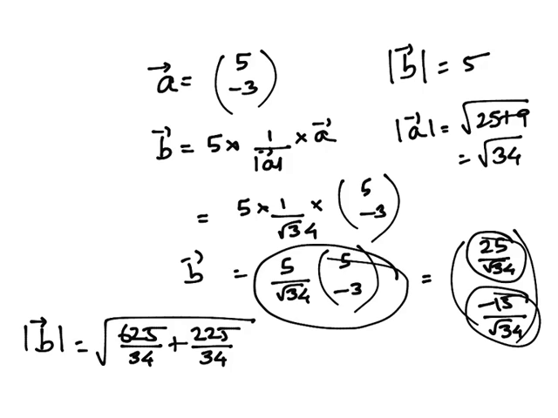So basically I'll get 850, I'm sorry, 850 by 34, which is nothing but square root of 25, which is nothing but 5. Yeah, so it's proved. So this is the vector.